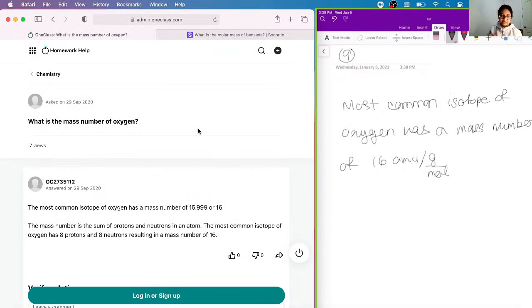The mass number, or the atomic mass, is basically the sum of the number of protons and neutrons in the atom. Since the mass number of oxygen is 16, this means that oxygen has 8 protons and 8 neutrons.